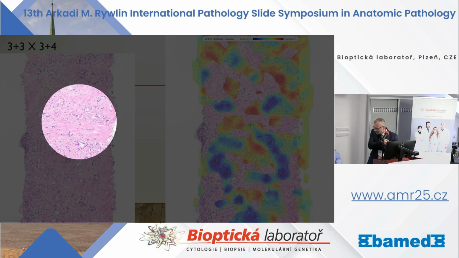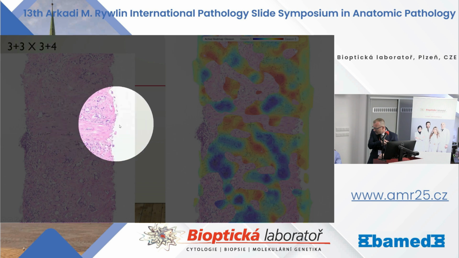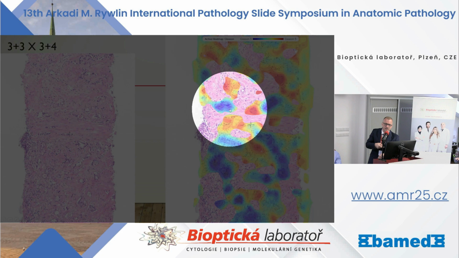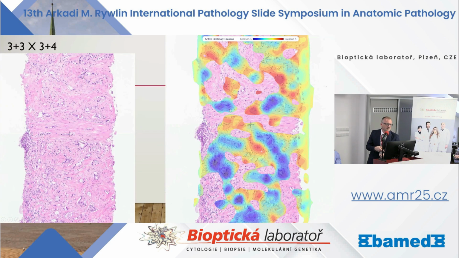Here you get a grade 3 gland. And then those glands are marked as orange or red, so it really thinks it's grade 4. So you really need to look after the AI, and you really need to see what the AI is telling you and what is there.